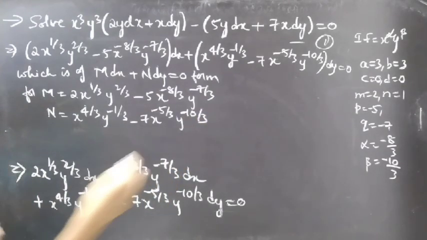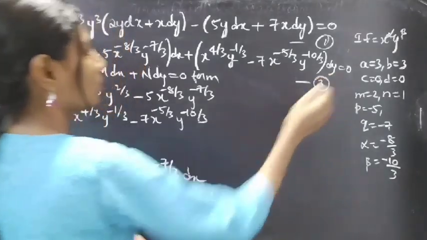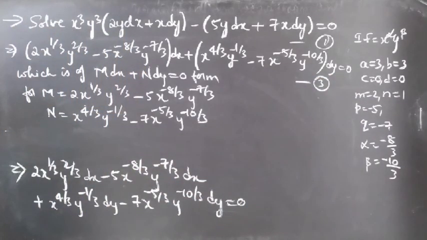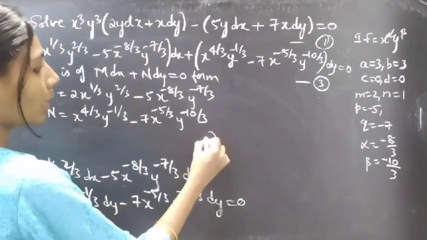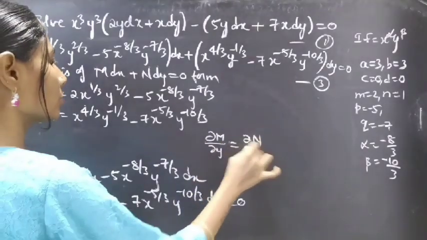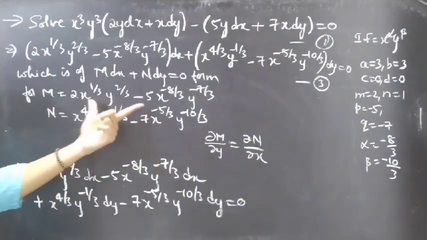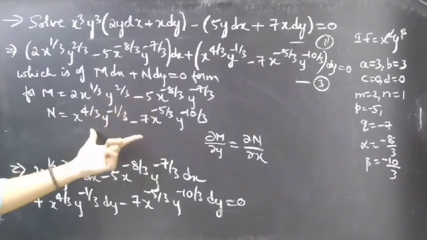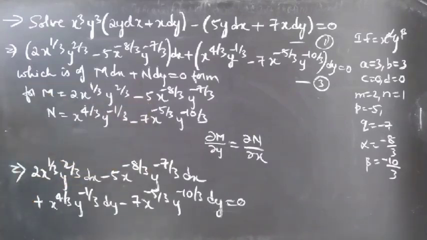Let's consider this equation as equation 3. Now, this equation 3 is exact if the partial derivative of M with respect to y equals the partial derivative of N with respect to x. For M equal to this one and for N equal to this one, right? So let's check whether the two partial derivatives are equal or not.